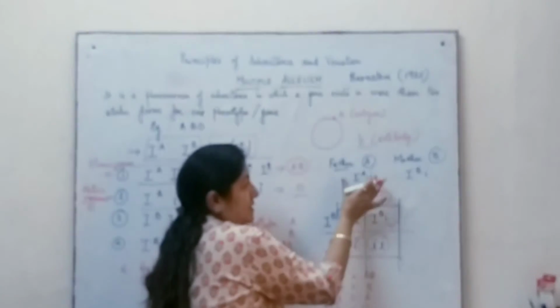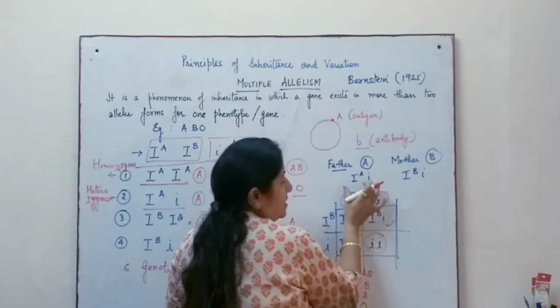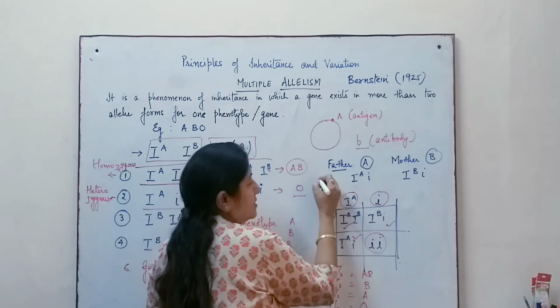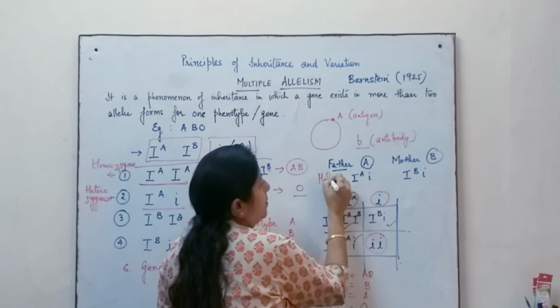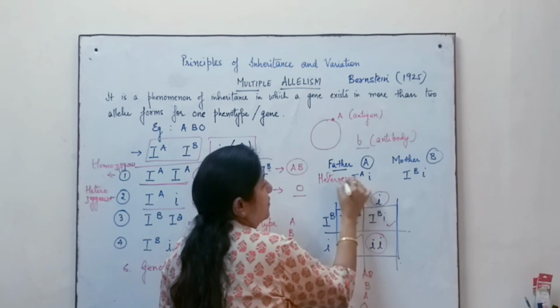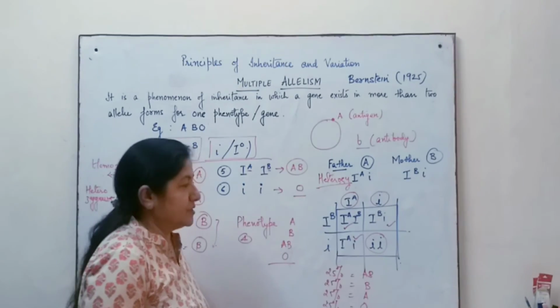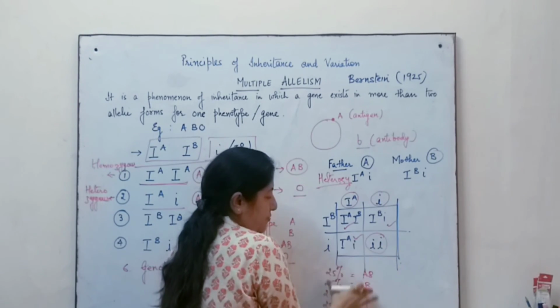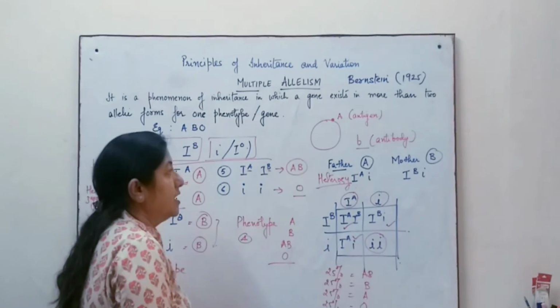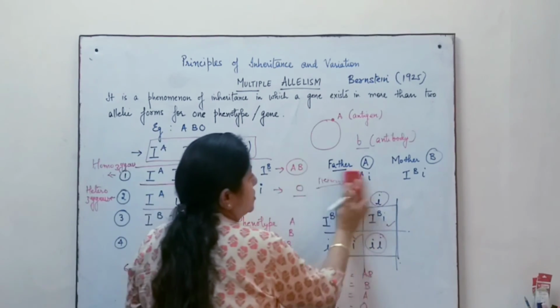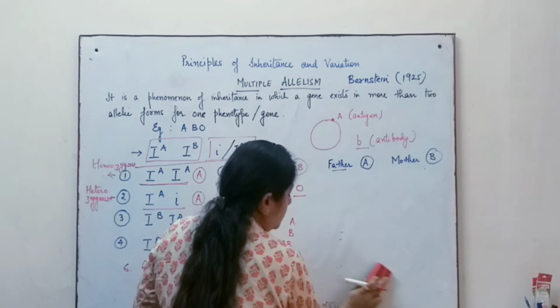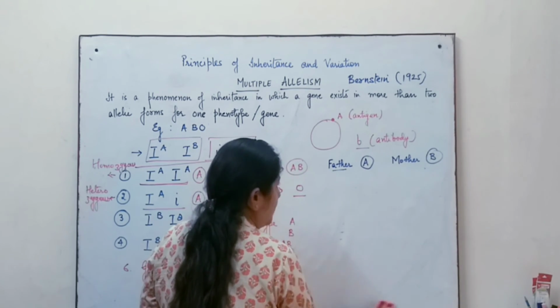So if the father is A and the mother is B, we consider them heterozygous because it is not specified, and arranging them in the Punnett square, we get this possibility.